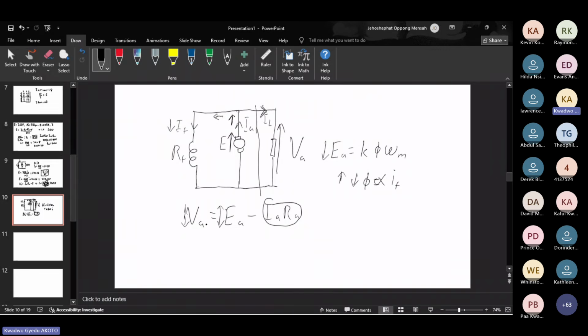So we can have flat compounding, where we make the compensating field a little bit higher, so that our EA increases by a little bit, so that after IA RA losses come in, we can have a VA at a similar level to our VA no load, right?